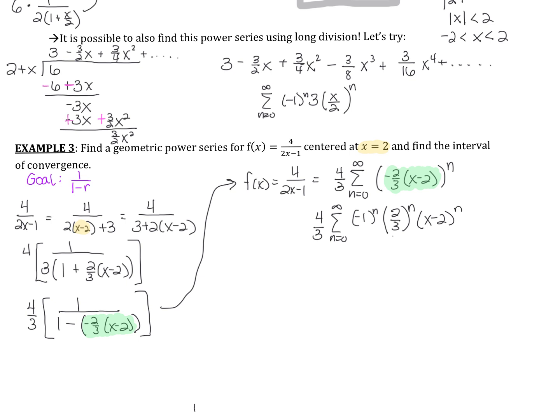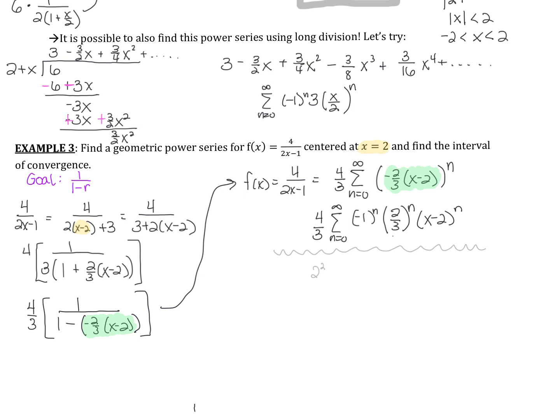Everybody's favorite. I actually like this answer. I think this answer is a little bit more usable, but just so you could see another answer, and then we'll talk interval, because this one's important to look at the interval on. Another answer that this could be. Do you agree that 4 could be rewritten as 2 squared?